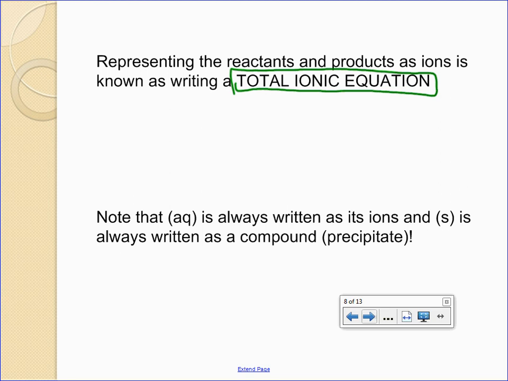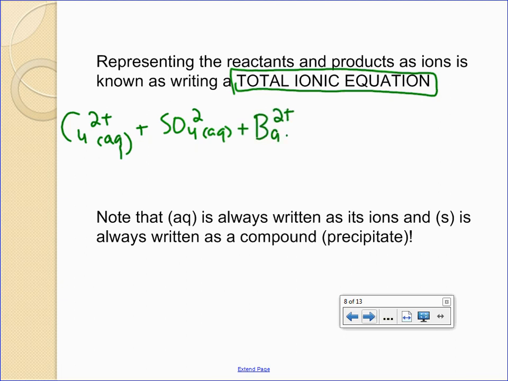So our reaction that we've been dealing with in the previous example, if we were to write that as ions, we would have copper 2 ions plus sulfate ions. We have barium chloride, which will break apart into its respective ions.